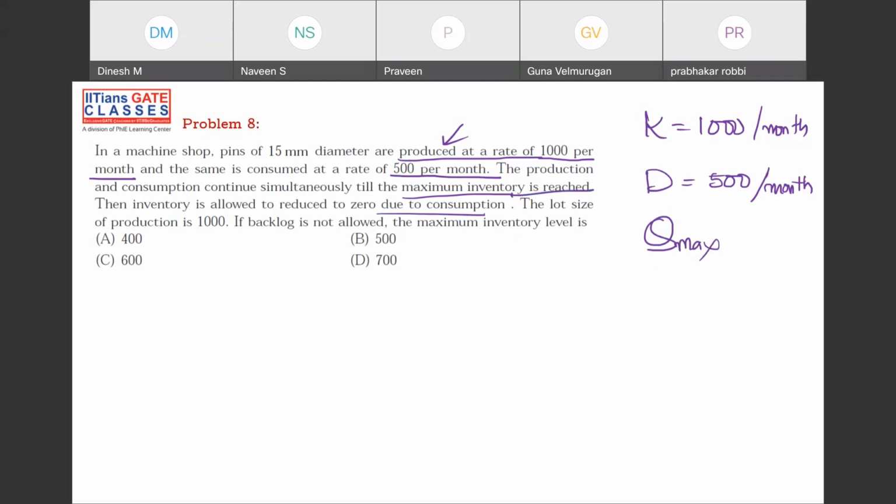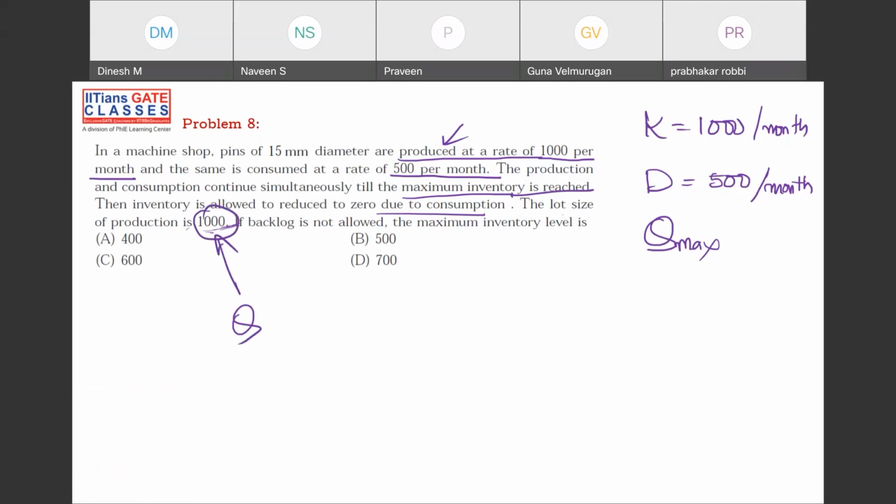The lot size of production is 1000. In a single lot, you're producing 1000. What is that 1000? Is it not Q? Yes or no? It is Q.